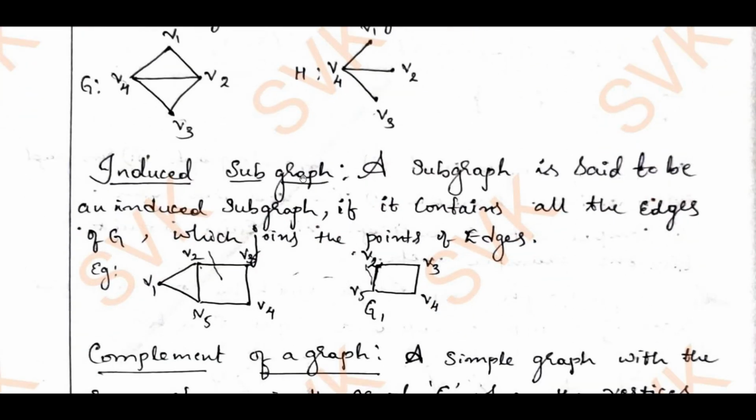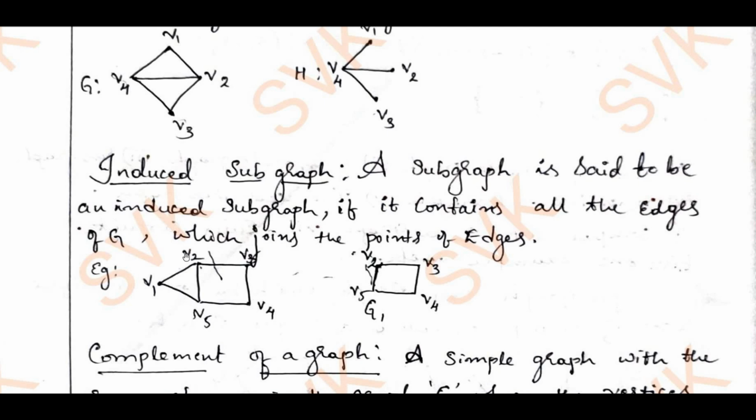So going with the next definition, induced subgraph. After coming to know what a subgraph and a spanning subgraph are, let us see the induced subgraph. A subgraph is said to be an induced subgraph if it contains all the edges of G which join the points of edges. Meaning what?